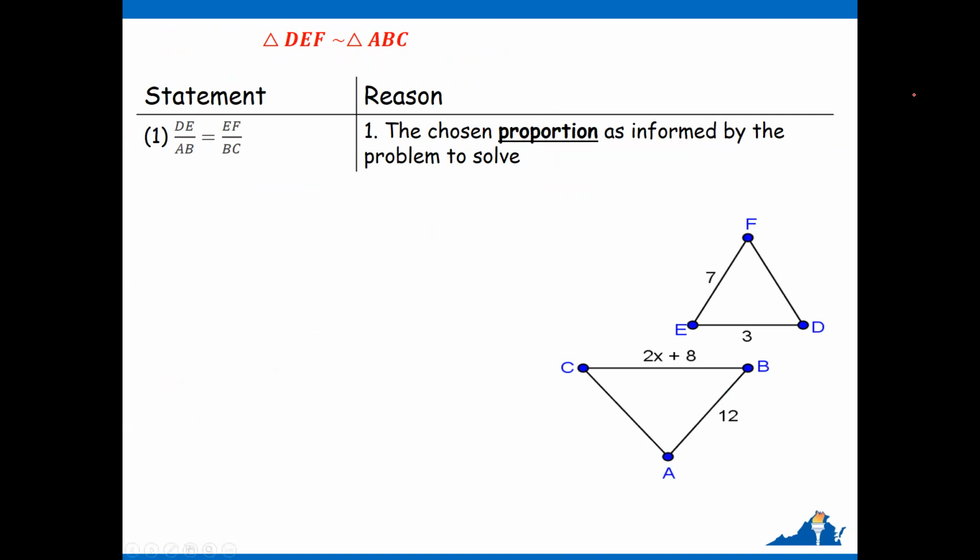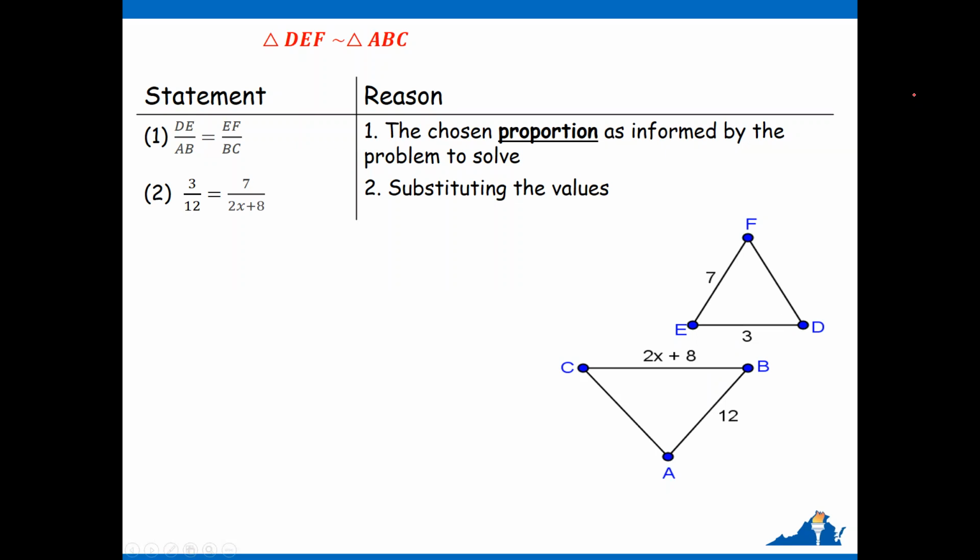We start by writing the proportion we have determined, chosen as informed by the problem we want to solve. From there, we substitute the corresponding values in that proportion. That means DE is 3, AB is 12, EF is 7, BC is 2x plus 8.